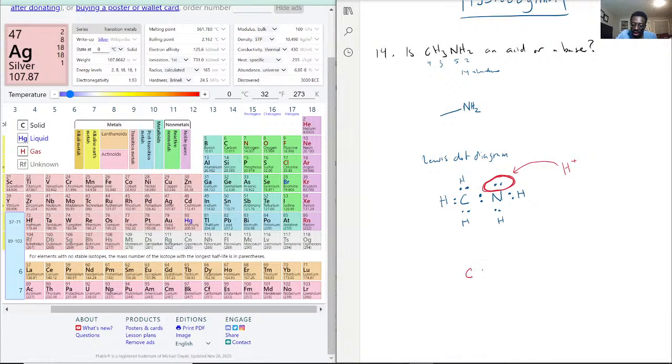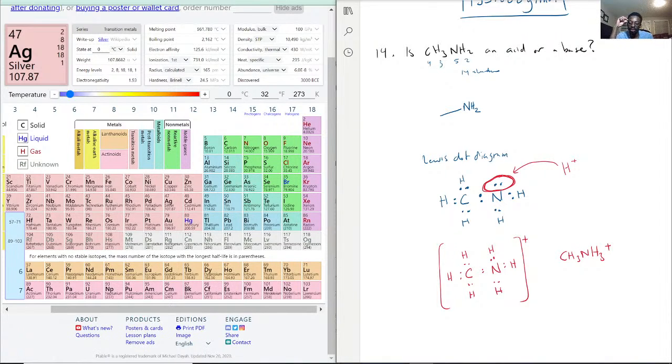So then what we get, when it's all said and done, and because this thing used to be neutral and that proton brought its plus charge, we get this. And what this is, CH3NH3 plus, this right here.